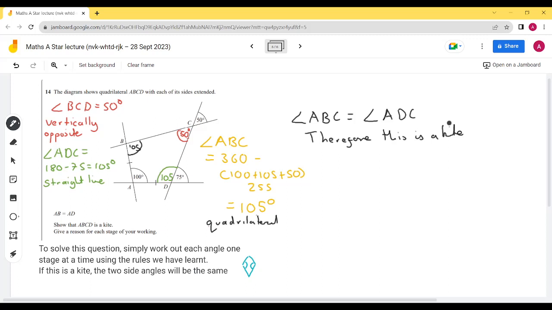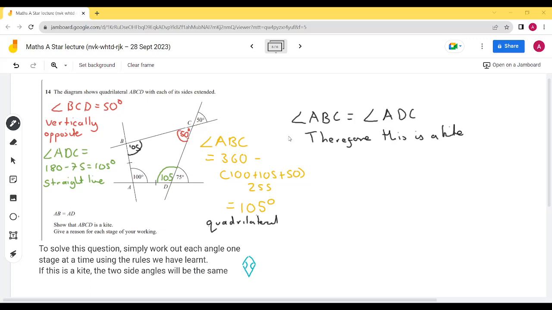So if you're asked to prove something is something, that's what you'd have to do on the question. You have to follow the rules through, and if you follow all the normal angle rules, you'd have to know the rules for the shape as well to prove it.